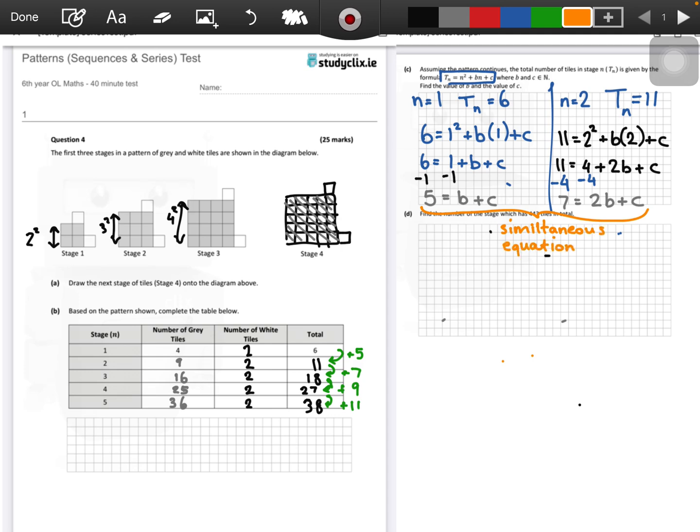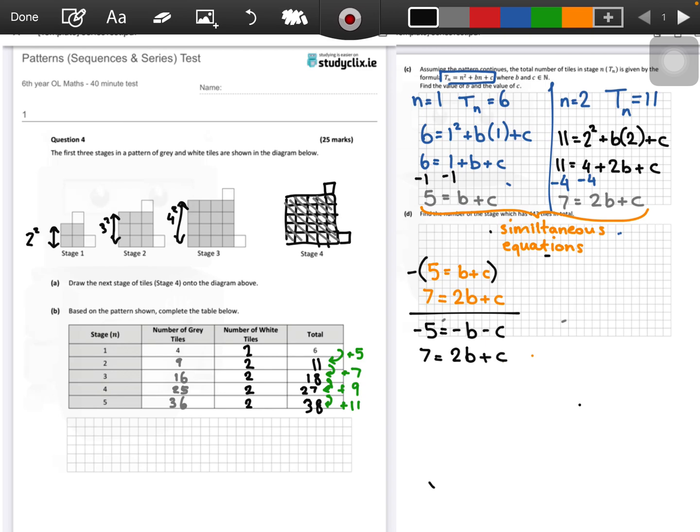Okay, so if I wanted to do simultaneous equations with these, I have 5 is equal to b plus c, and 7 is equal to 2b plus c. So I'm going to multiply this line across by a minus, so that I get minus 5 is equal to minus b minus c, and then I still have my next line unchanged.